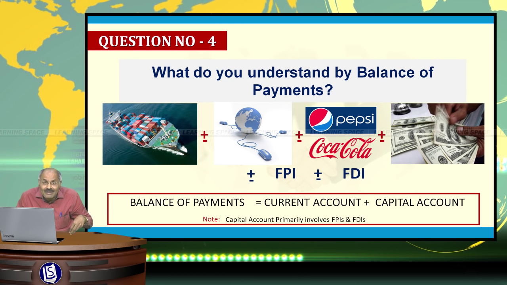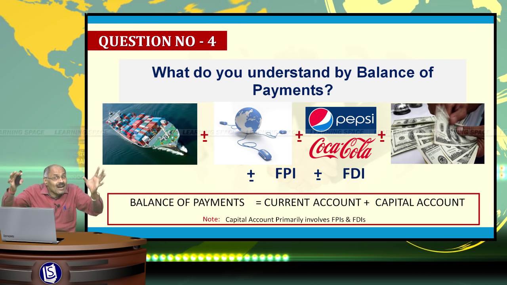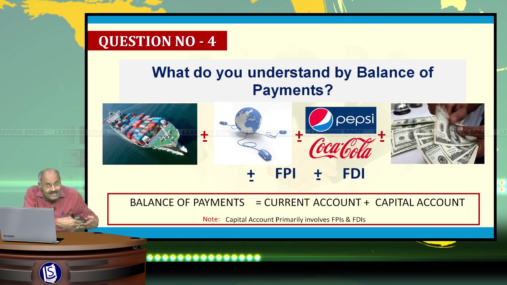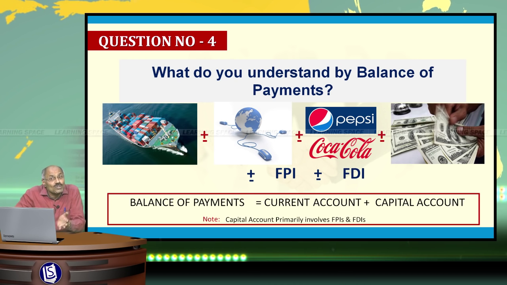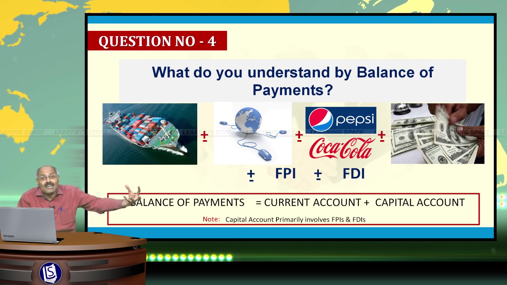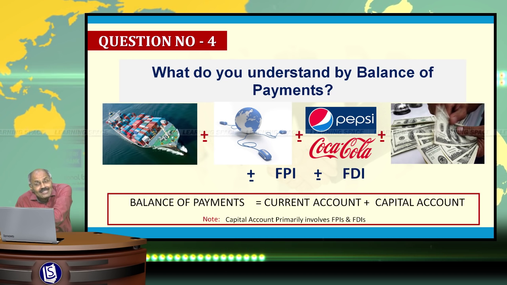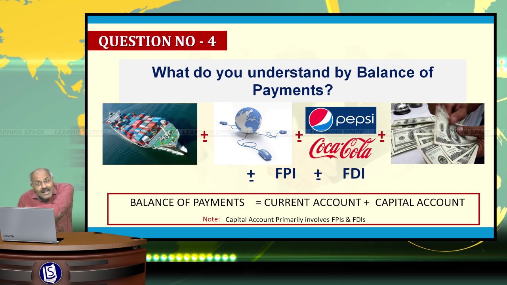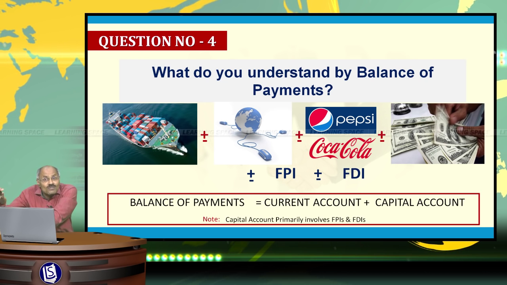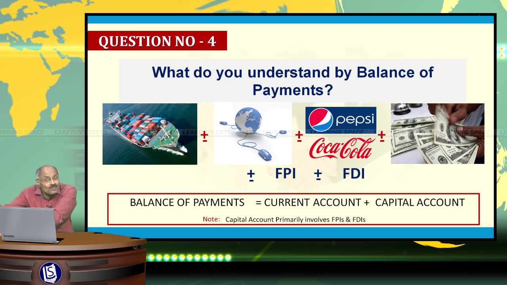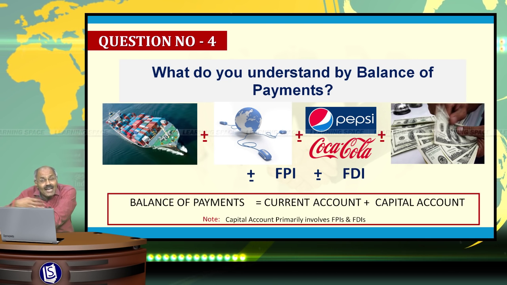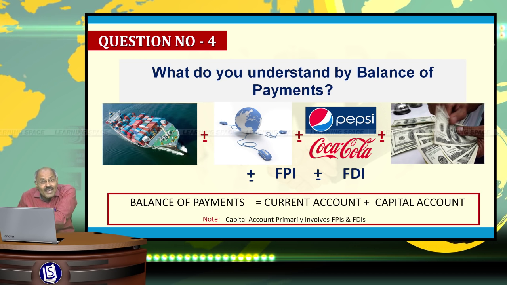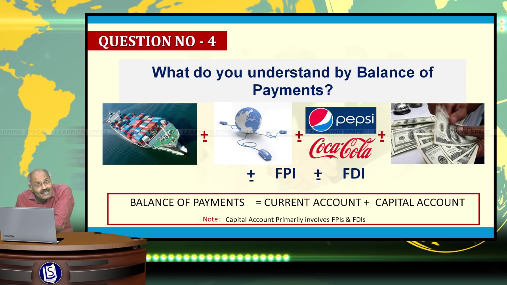If you look at the balance of payments, we have just now discussed current account. We have around $40-50 billion deficit in current account, and for that you have to add foreign portfolio investments. Foreigners investing in our stock market, you have to add it, and foreigners investing in our country to manufacture various components like Volkswagen cars, Ford cars, Hyundai cars, Nestle, Pepsi, investment coming to our country for establishing a manufacturing base is to be added, that is foreign direct investment.